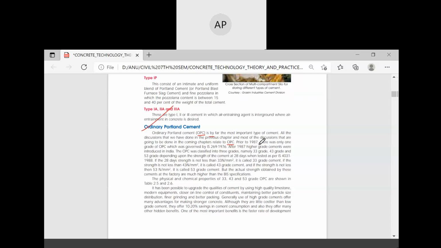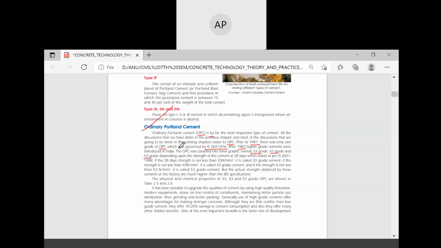Prior to 1987, there was only one grade of OPC, which was governed by IS 269 1976. After 1987, higher grade cements were introduced in India. OPC was classified into three grades: 33 grade, 43 grade, and 53 grade.